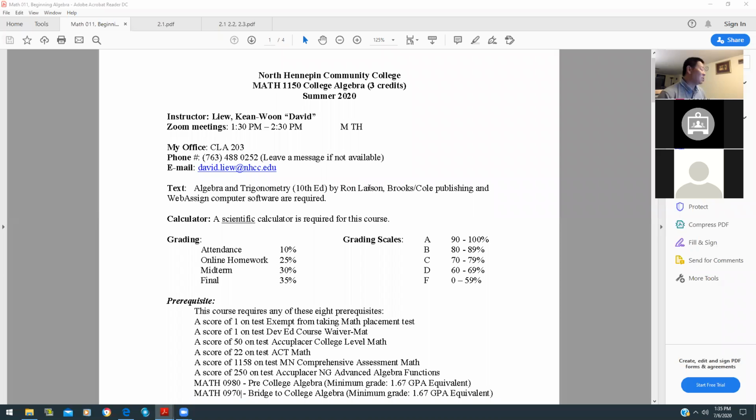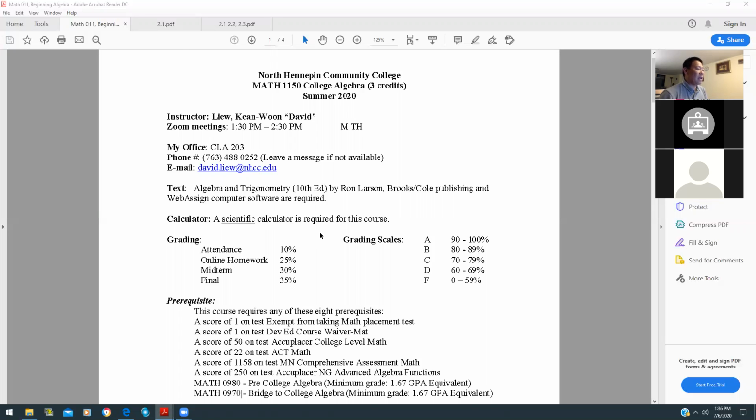Those students who used this book last semester or last fall do not need to buy anything book-wise, because it should be rolled over for you. I will show you how to do it.